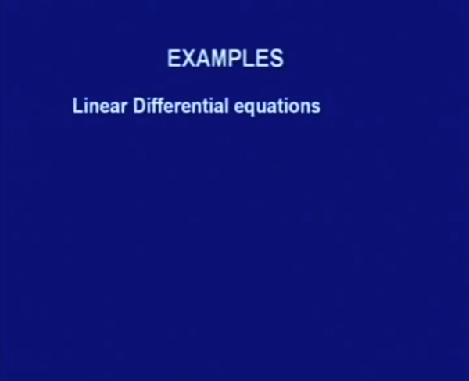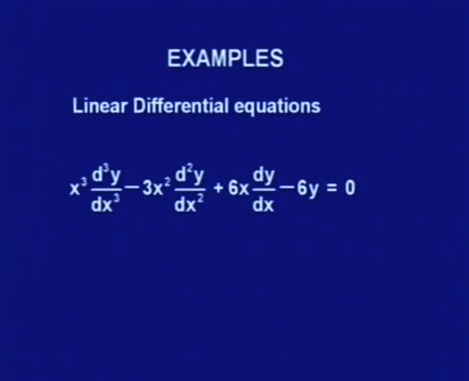So, first let us see an example of a linear differential equation. See this example: x cube times d3y over dx3 minus 3x square times d2y over dx2 plus 6x times dy over dx minus 6y is equal to 0.